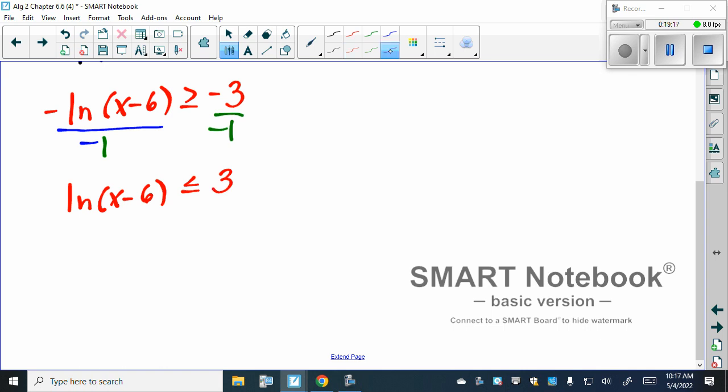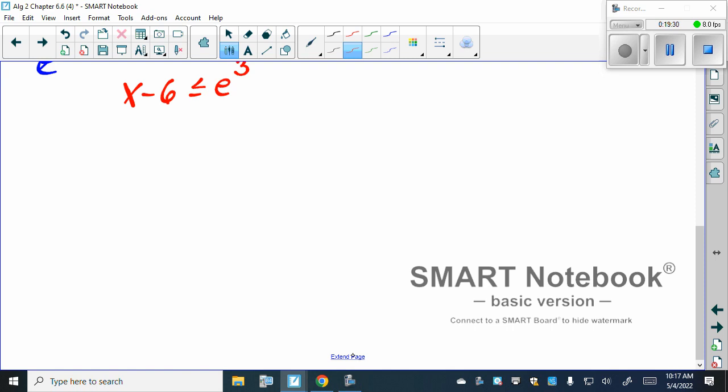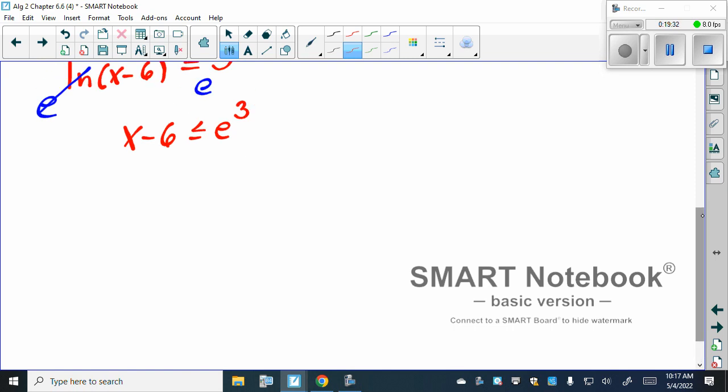Now we would apply e. These would cancel, telling us that x minus 6 is less than or equal to e cubed. And then we can add 6 to both sides.